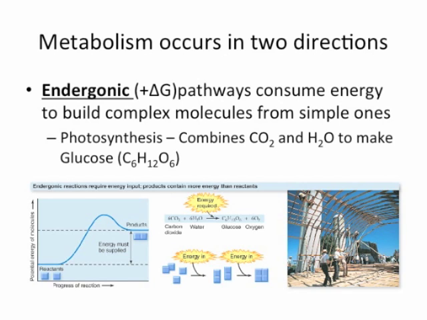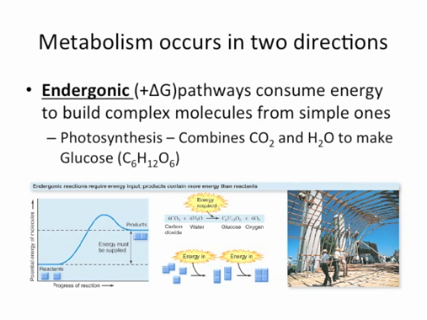So endergonic, positive delta G, consumes energy to build things. The same goes for the diver climbing up the platform, which required energy input from muscle movement to increase their potential energy.